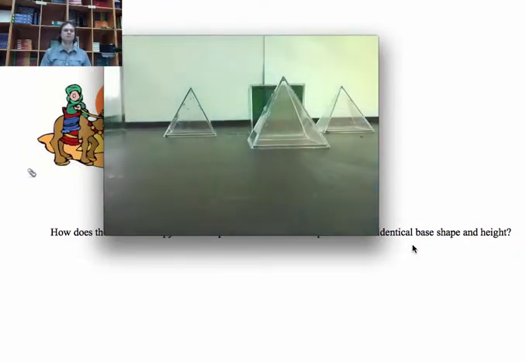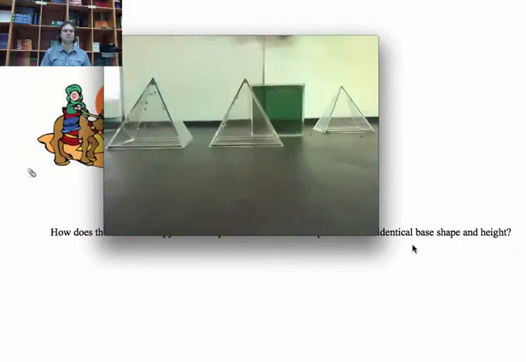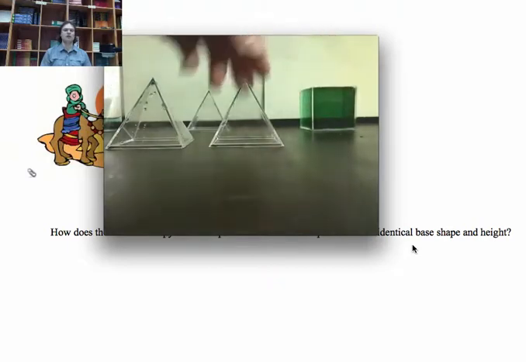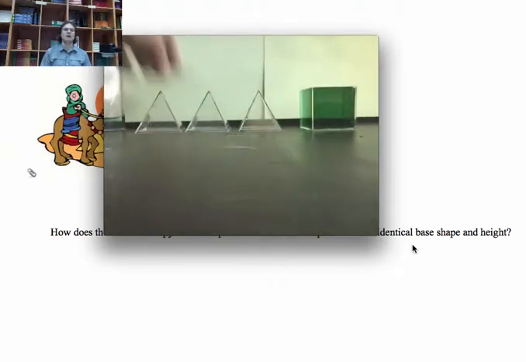If we look at it, all the triangles are the same size, and the squares are the same size, or the cube.